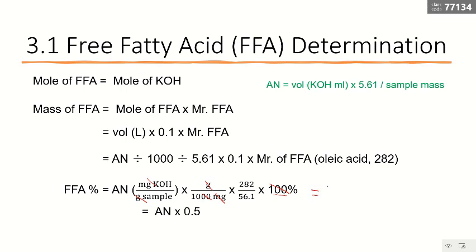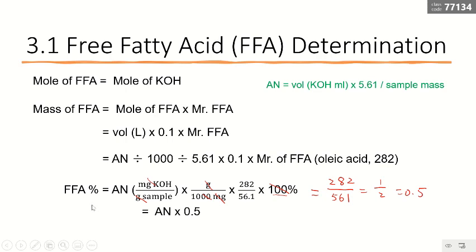One more step to express it: this 10 times 56.1 will be 561. Agreed? Yeah. So this is actually just 1 over 2, which is equal to 0.5. So acid number times 0.5 will be the percentage of the free fatty acid.